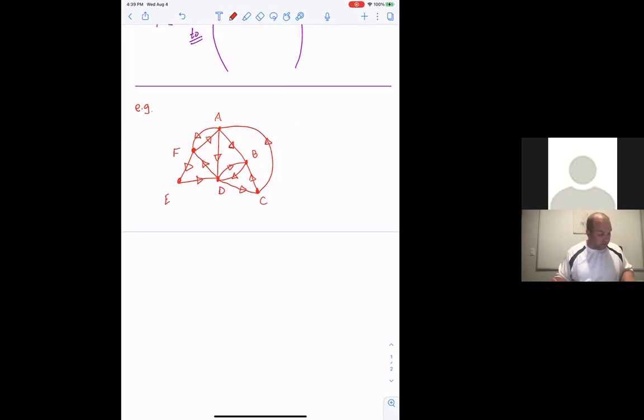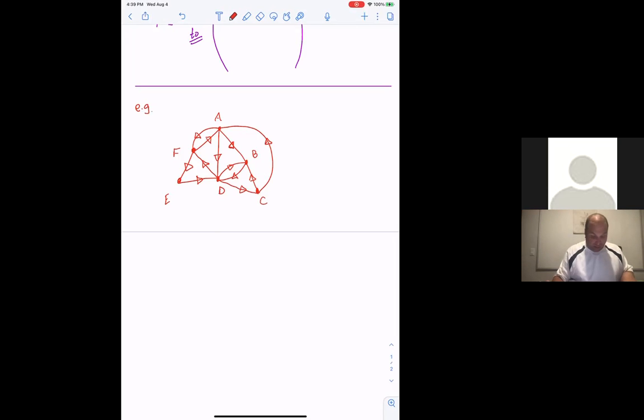Okay. In this graph, vertices A to F represent web pages. So they're using an example similar to what I just spoke about. And the edges indicate links between the pages, right? I might link to you, but you might not necessarily link to me, which is why it's a directed graph, a digraph.